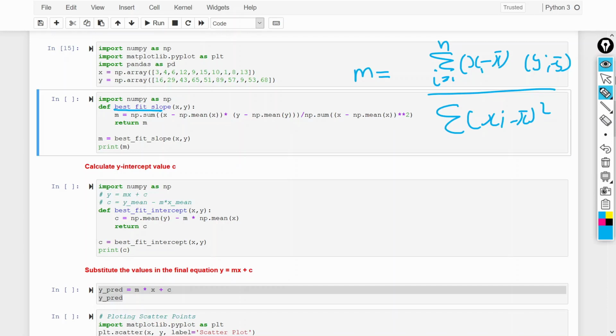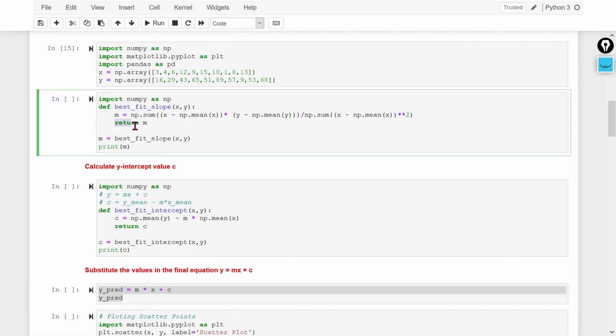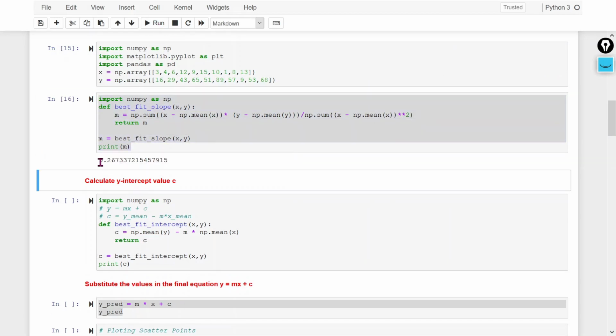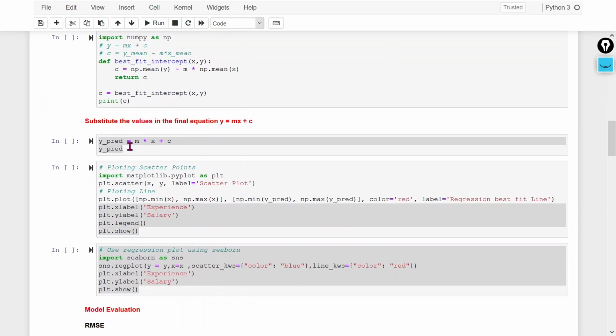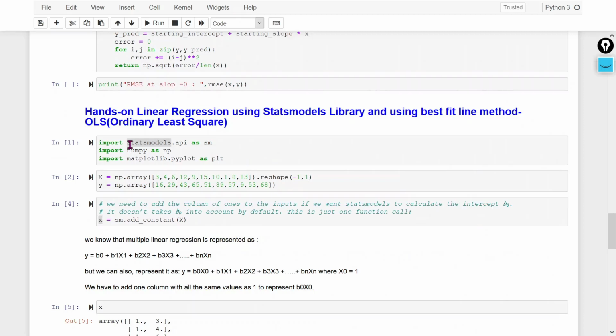I have written this equation here, then I return the m value. I created this function to get the m value, and I am getting 5.26733. Let's check whether I get the same coefficient with the help of the statsmodels library.